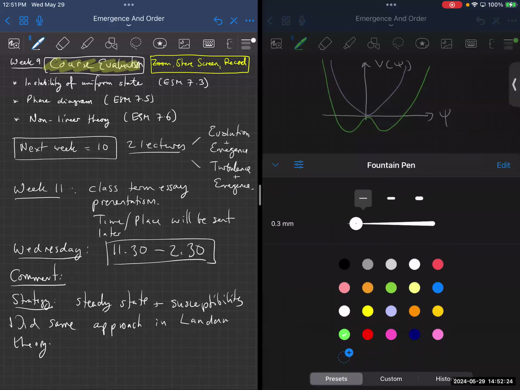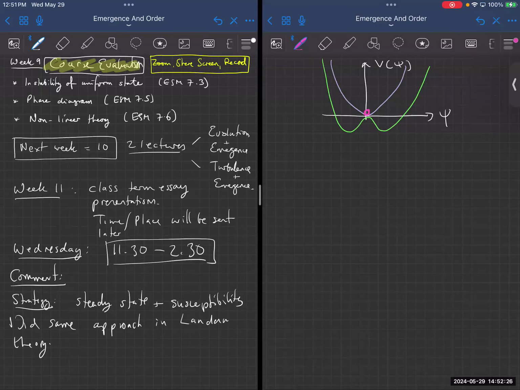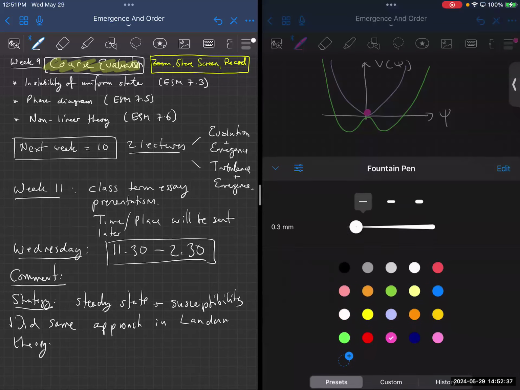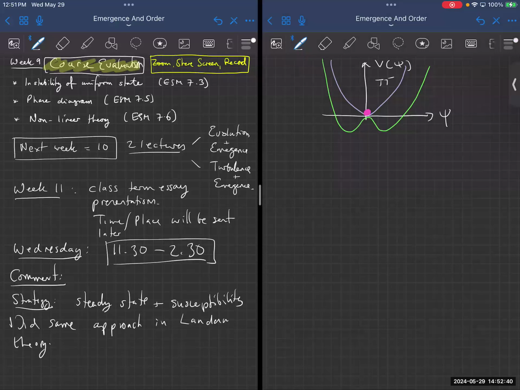Imagine that you had started out here at psi equals 0, and now we had suddenly changed the temperature so that the system went from the state T greater than Tc to the state T less than Tc. Then psi equals 0 goes from being a stable equilibrium to an unstable one.